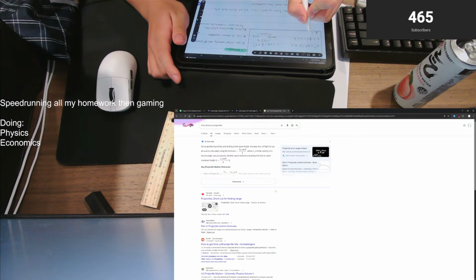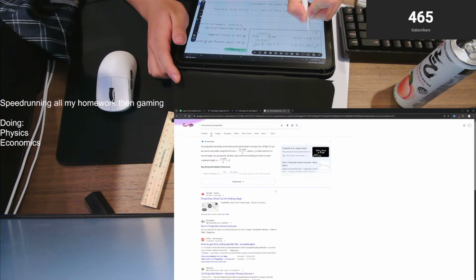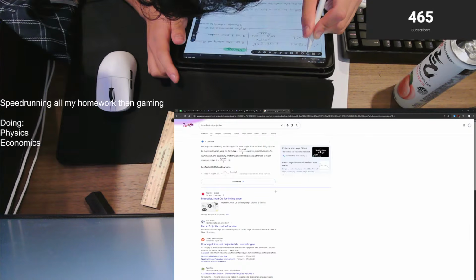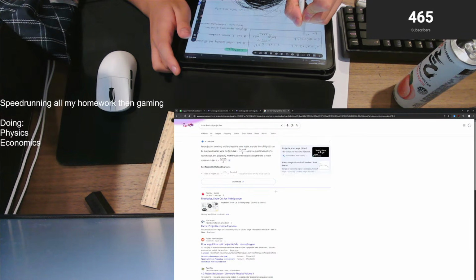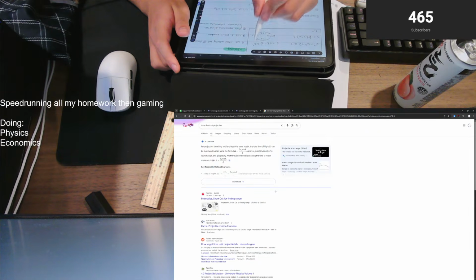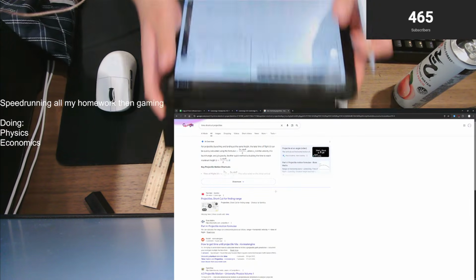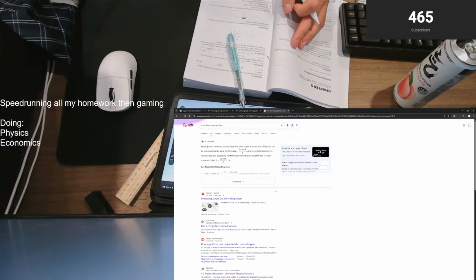T equals U sine theta on G. Equals U times sine theta on G. Took your teacher about that formula. I got the same though.